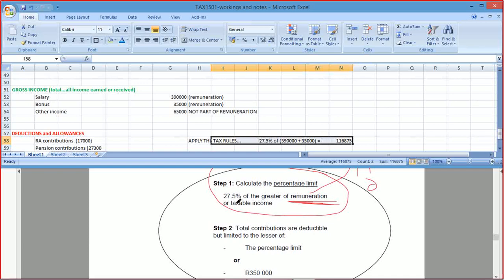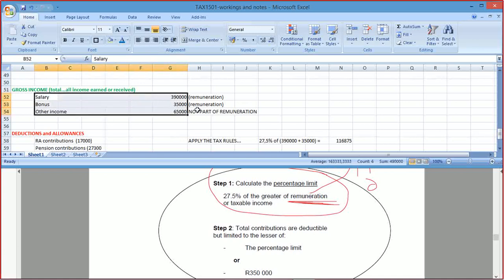Then they also had taxable income. What would my taxable income be? We need to check. Taxable income is going to be 390 plus 35 plus 65. Yes, because it's taxable. Do you agree? Is she going to pay tax on all of this?